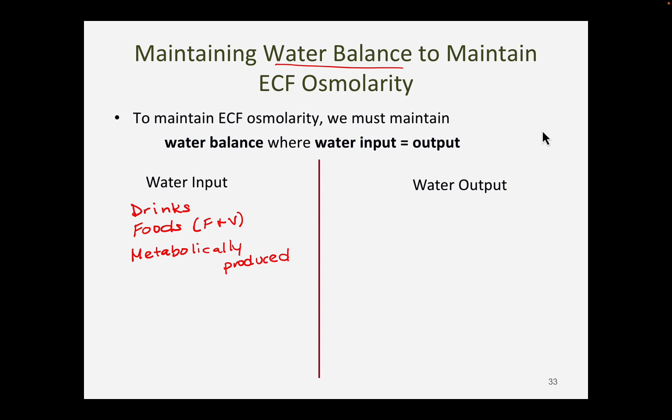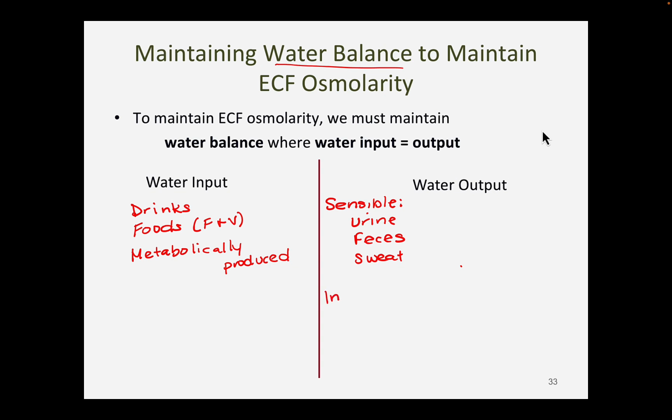Now our outputs can be divided into what we call our sensible water losses. So these are ones we're aware of. They make sense. So that's the water loss in our urine, the water that we lose in our feces, and the water that we lose in sweat. Probably three that you were likely aware of.